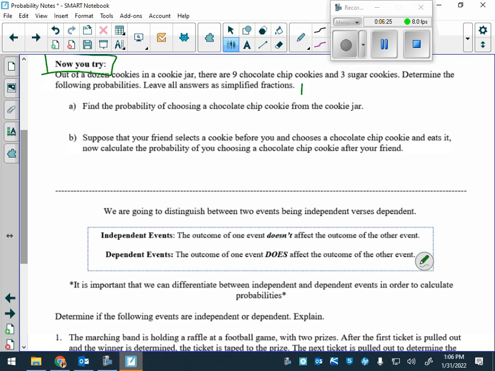Good. 12 in total. Find the probability of choosing a chocolate chip. Cece. 3 out of 4. We got 9 out of 12, which is 3 out of 4.